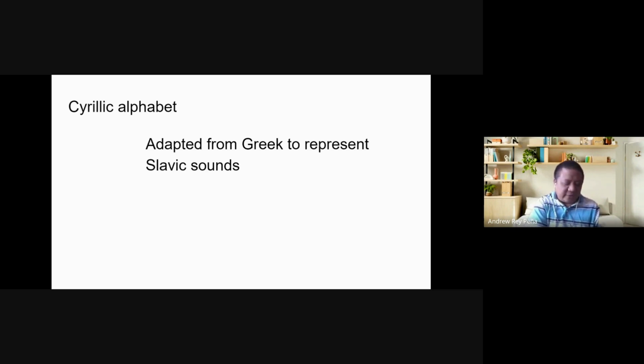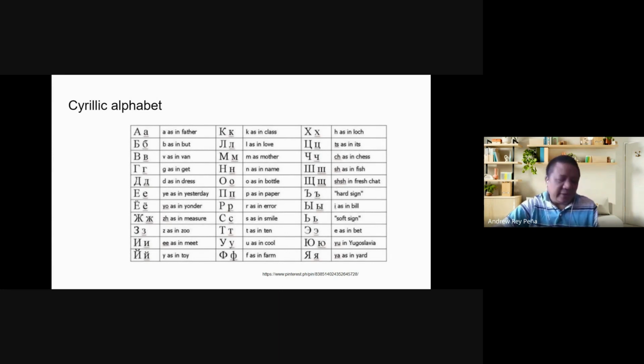The Cyrillic alphabet was developed by Slavic speaking people like Russians and Serbians, in order to represent Slavic sounds. Okay, and here's the Cyrillic alphabet. You probably encountered it when you encountered Russian spelling, Russian words.